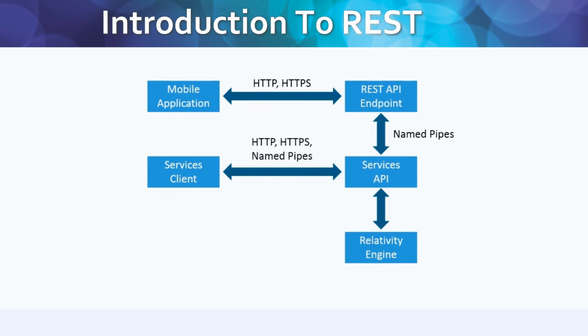Mobile application communicates with REST API version 3 and version 4 endpoints using HTTP or HTTPS secure protocol. REST API endpoints in turn communicate with Services API using named pipes for post-processing of requests and delivering the corresponding response.